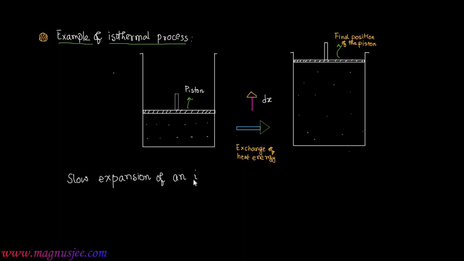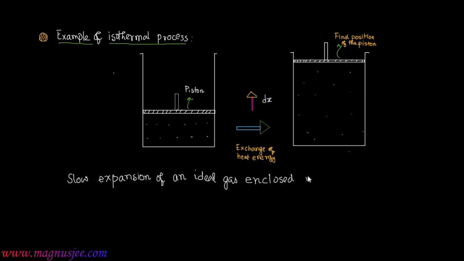Third example of isothermal process: slow expansion of an ideal gas enclosed in a cylinder with conducting walls.